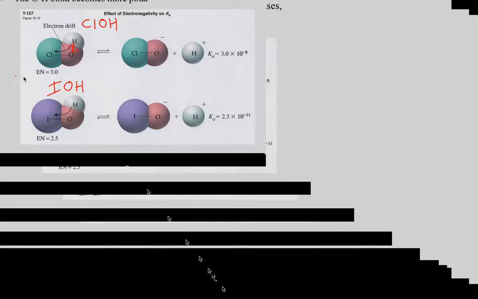But guys, it turns out that that's not the only force that causes the shifting. This chlorine also gets involved. And this chlorine has an electronegativity of 3. It's very electronegative.